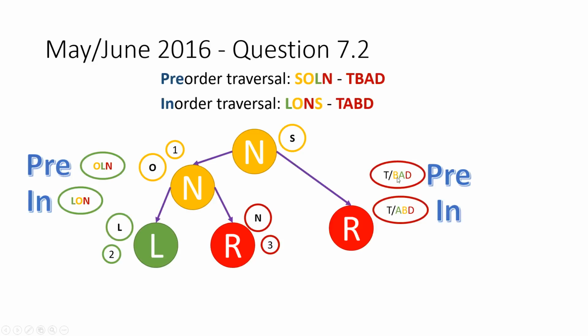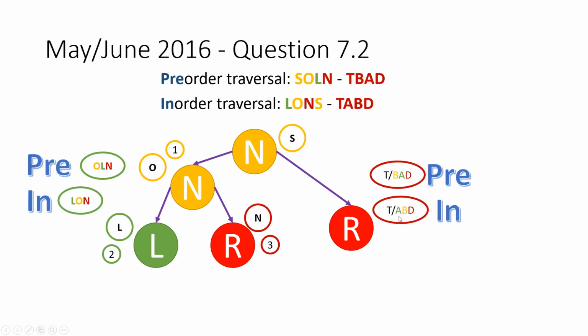I've dropped away the T, and I've highlighted the pre-order root and the in-order root, and they tally up. So with the in-order, we remember that the left-hand side gets divided and the right-hand side is divided because we found the root.